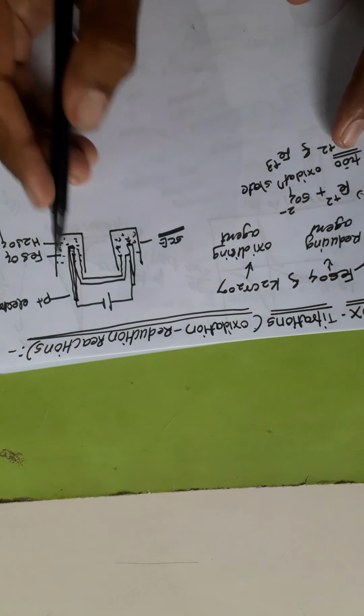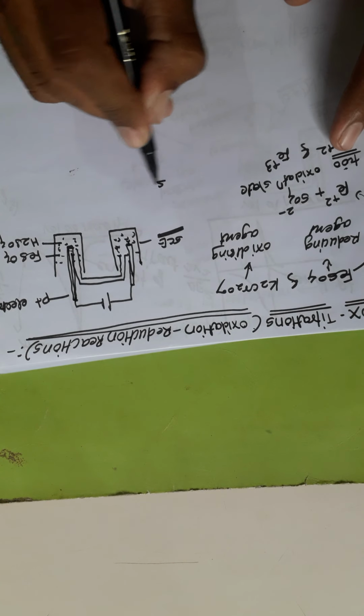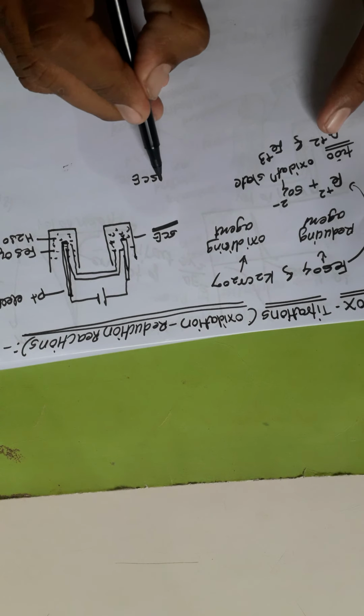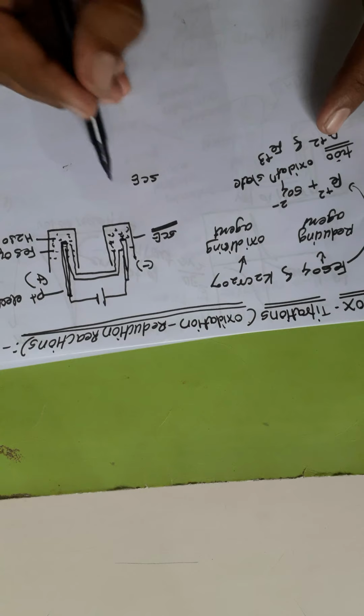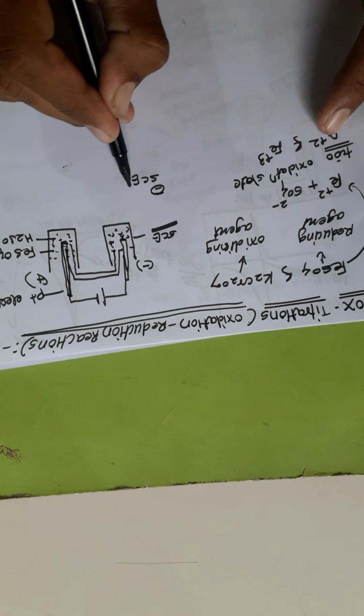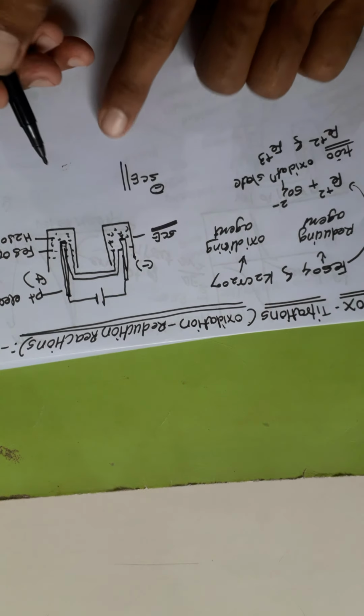How do we represent this cell? Say the saturated calomel electrode is the negative end. The double line is called the salt bridge.